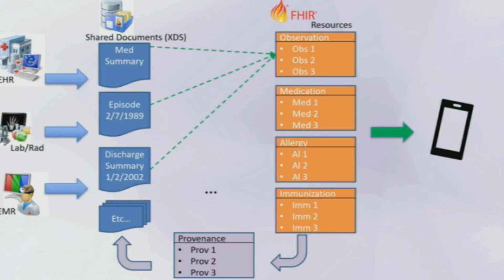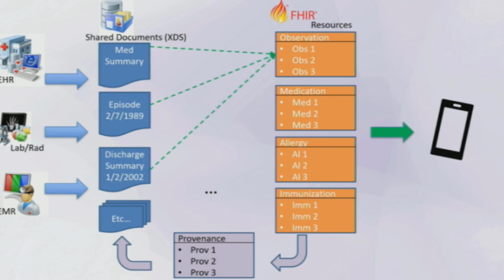So what this is showing is, this is the XDS environment. Got a bunch of these guys publishing documents, medical summaries, episodes, discharge summaries, etc. I've got over here a FHIR app that wants observations, medications, allergies.